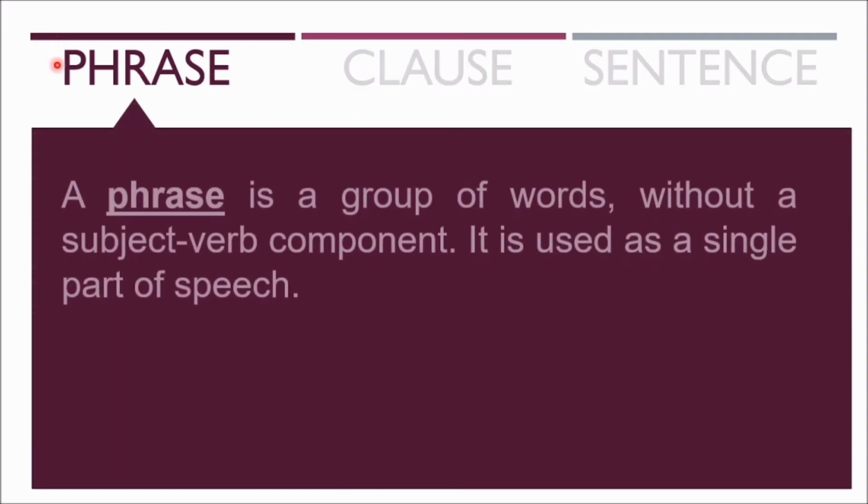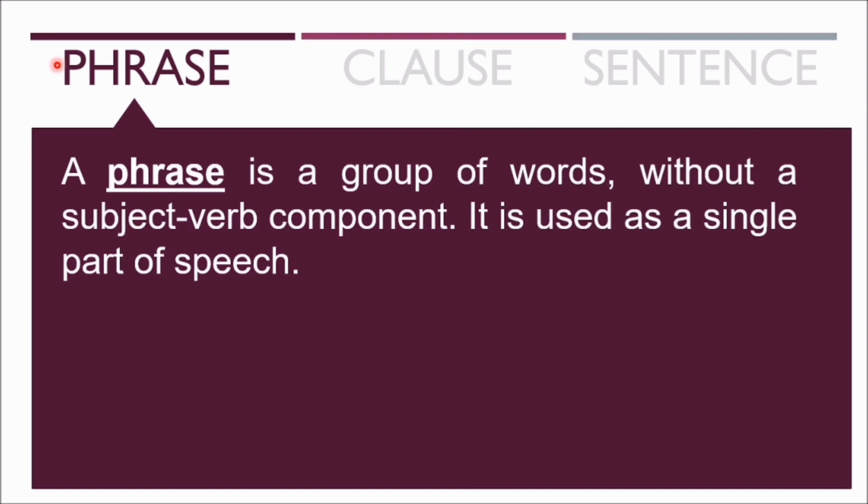When we say phrase, it is a group of words without a subject-verb component. Now, what is the meaning of that? It only means that you can never find a phrase with both subject and verb present in a group of words.